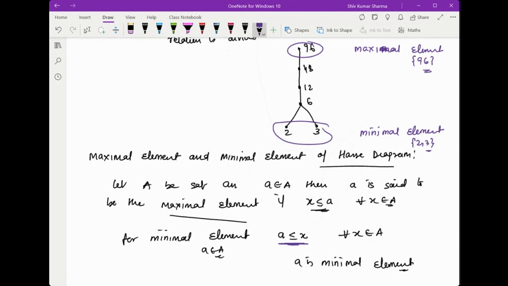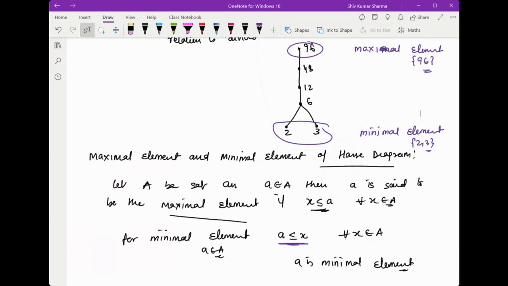Here we saw that the minimal and maximal elements cannot be unique. There can be more than one. According to this Hasse diagram, there are two minimal elements, and similarly when we have other elements, suppose 96 and another element, there may be more than one maximal element. So the minimal and maximal elements are not unique in a Hasse diagram.